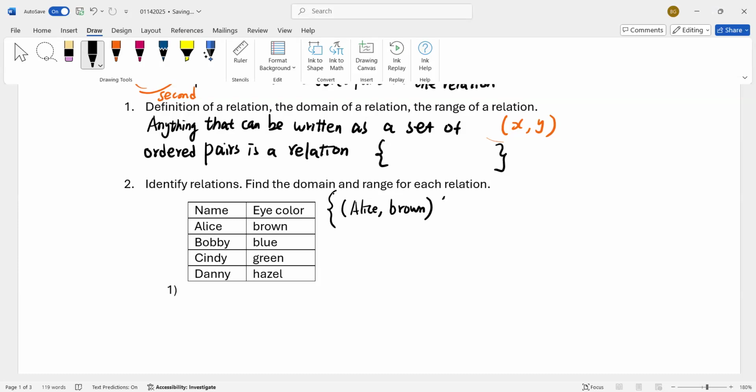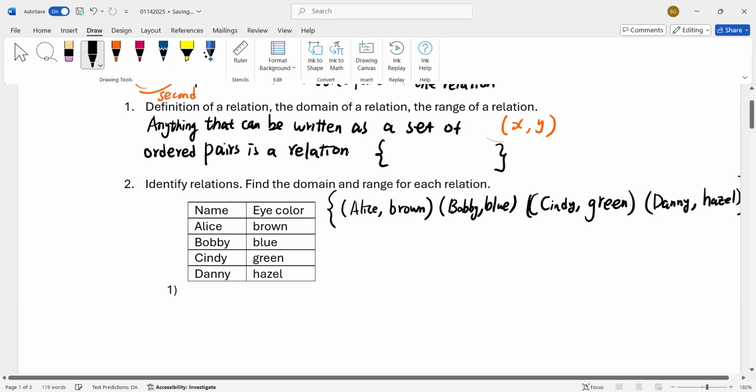And similarly, I can use an ordered pair to record the information for Bobby: (Bobby, blue). And then we also have Cindy, green, and we also have Danny, hazel.